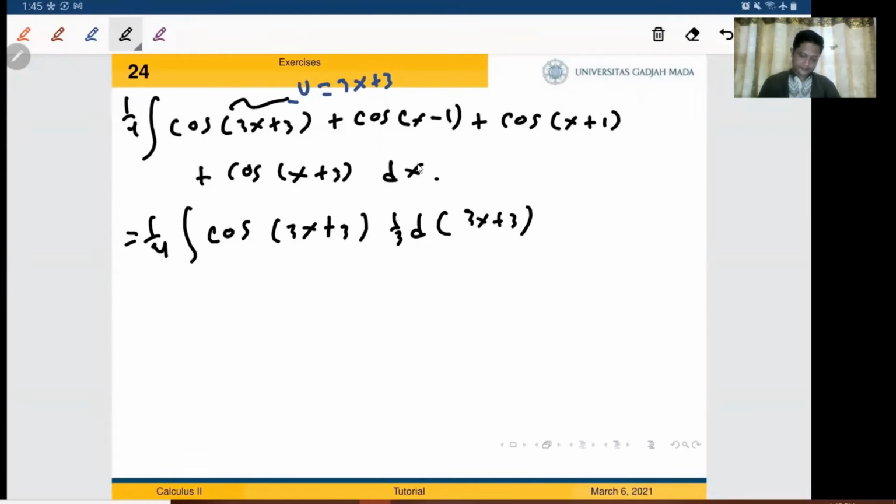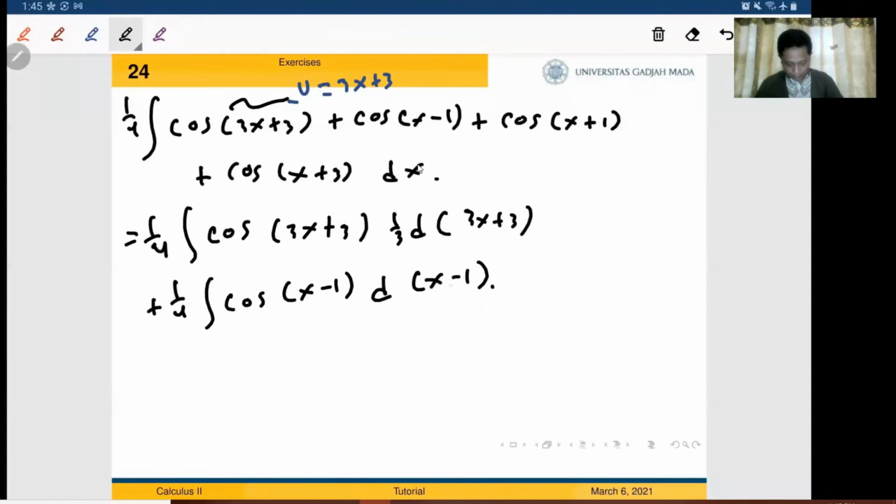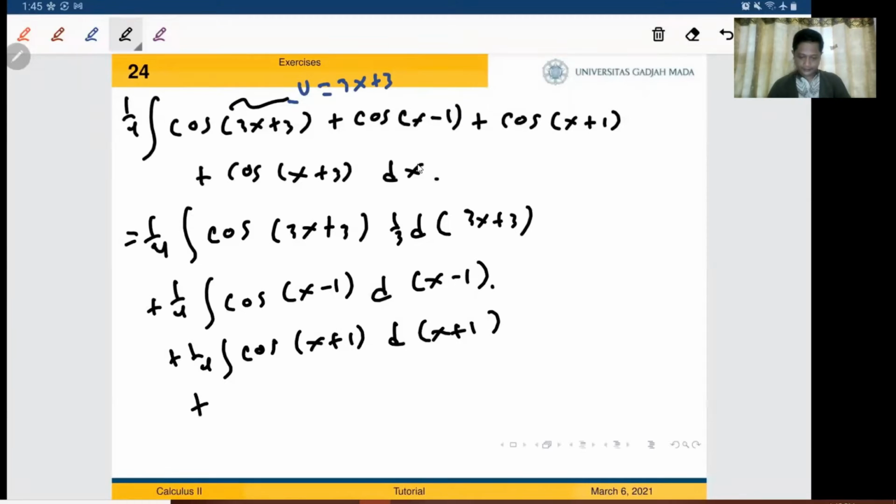And then 1/4 integral of cosine of x minus 1, d(x minus 1), because the derivative of x minus 1 is 1, but I don't want to write 1 in here. I have 1/4 integral of cosine of x plus 1, d(x plus 1). And the last term is 1/4 times cosine of x plus 3, d(x plus 3).